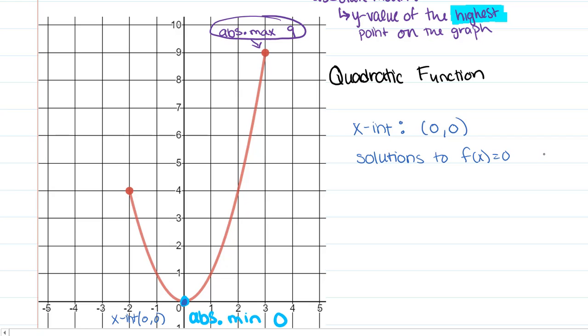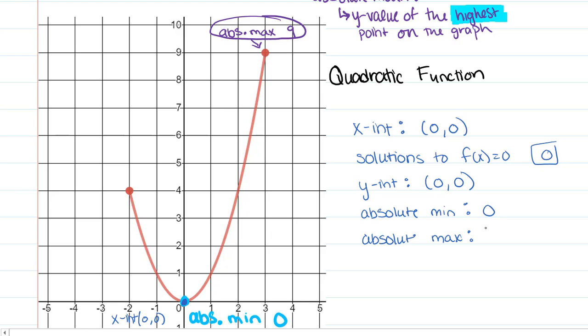I would say 0. The y-intercept is 0, 0. The absolute minimum is 0. And the absolute max is 9.